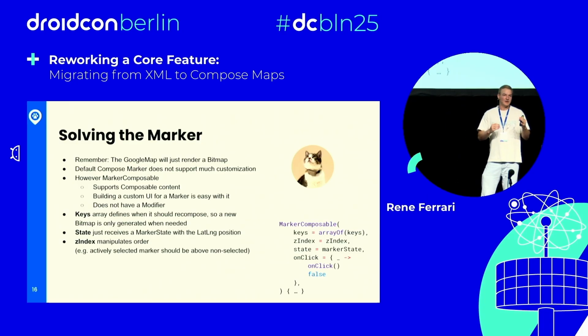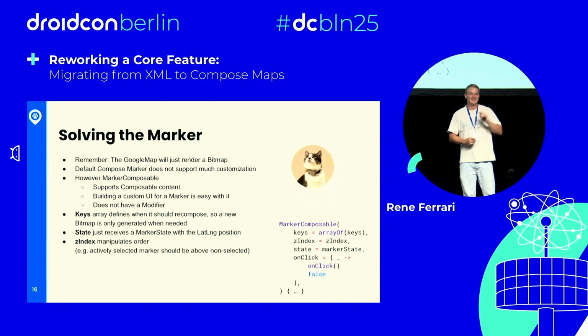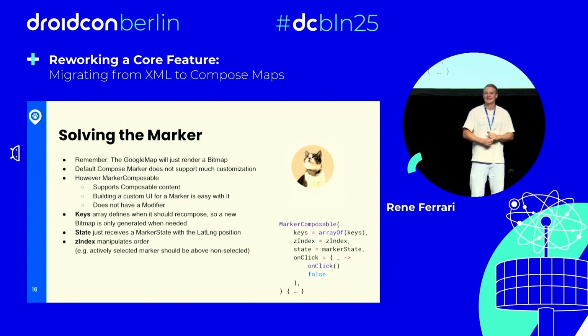Because for solving the marker, there fortunately was added, like on August 17th, 2023, the marker composable. And with that, you were finally able to really build a marker with Compose, basically fully customizable. Before that, that was a pain.